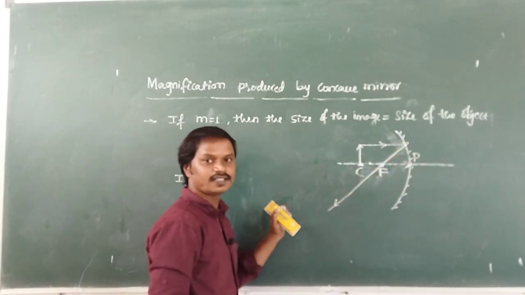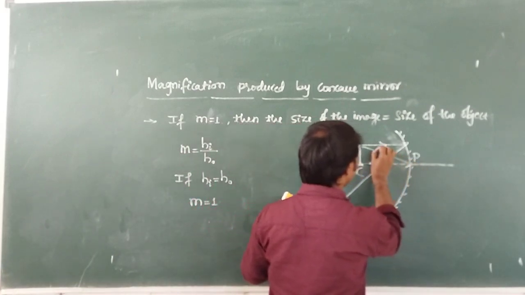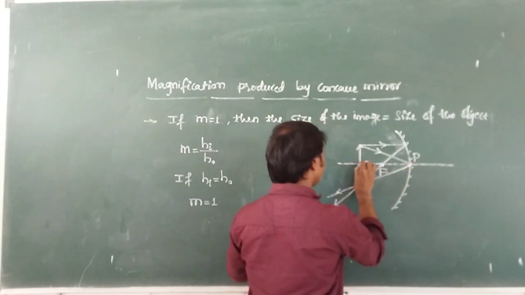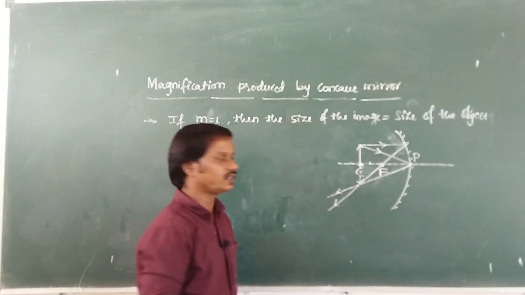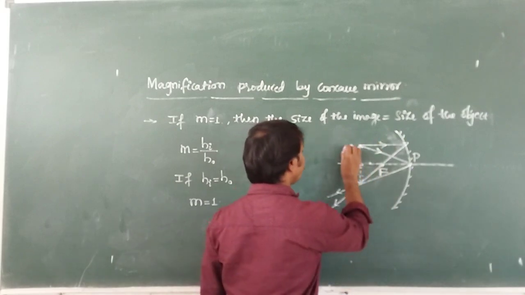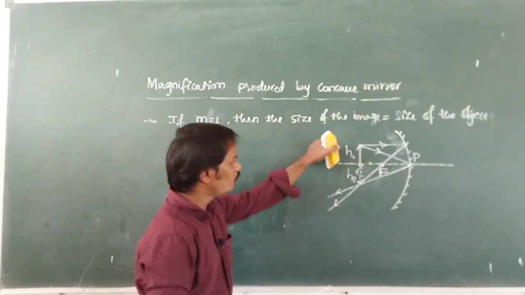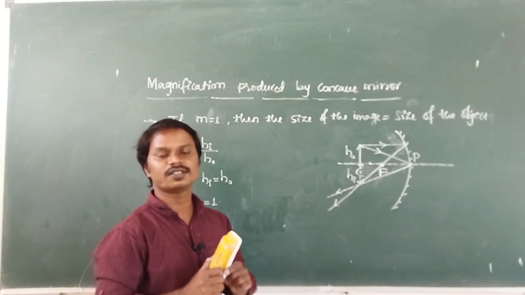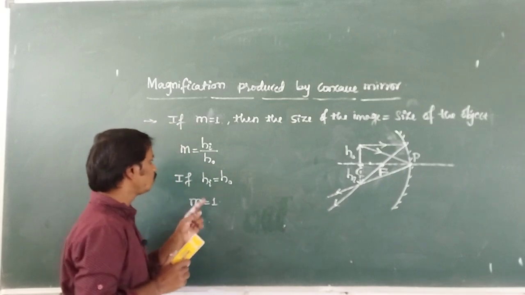Then the second incident ray is incident at the pole, incident obliquely and reflected obliquely. Where the reflected rays meet, we get the image of the object. The height of the object HO and the height of the image HI are both equal. Hence the magnification produced by the concave mirror when the object is at the center of curvature is 1.